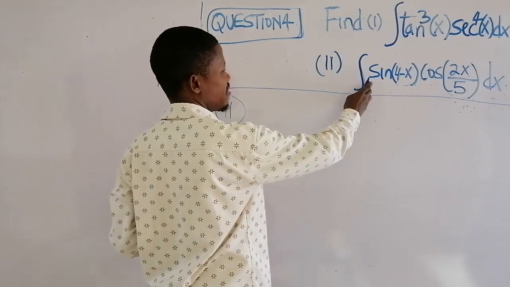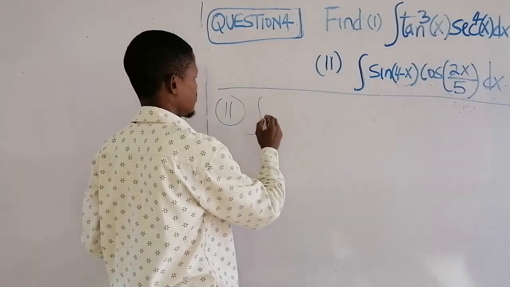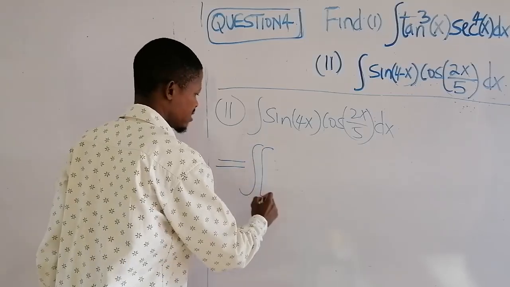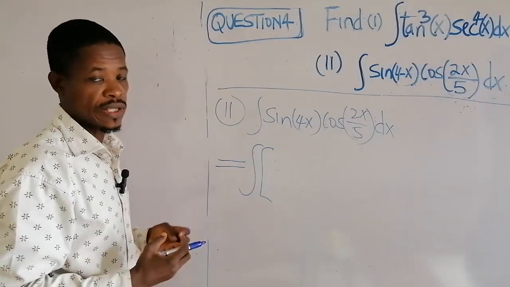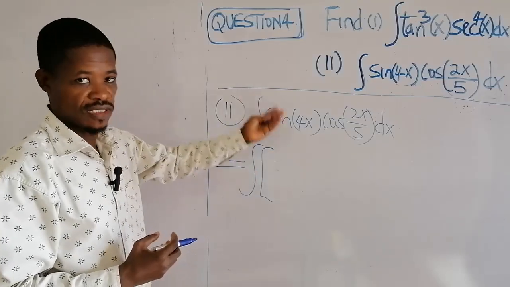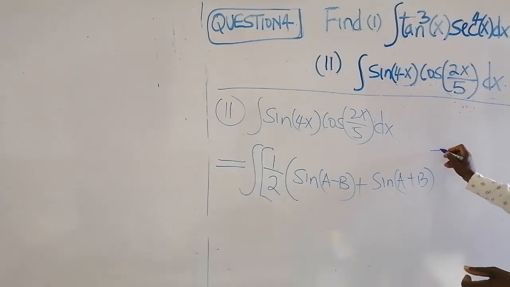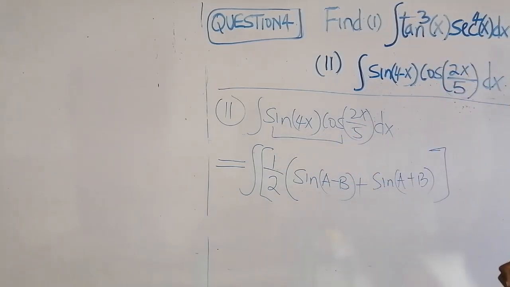The second part, the integral of this product of sine and cosine. Let's write that. This will be equal to the integral of, open your brackets. Whenever you have a product of sine and cosine, it calls for what we call the addition formulae, and it has this formula. So that's the addition formula for the product of sine and cosine.